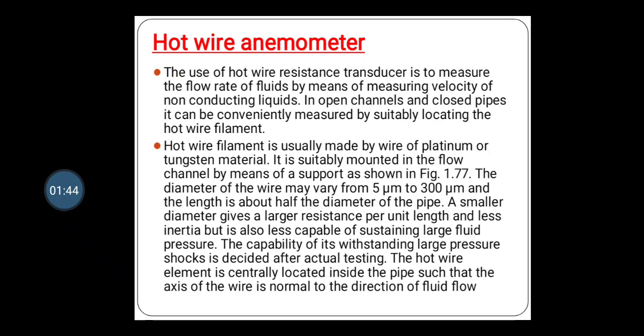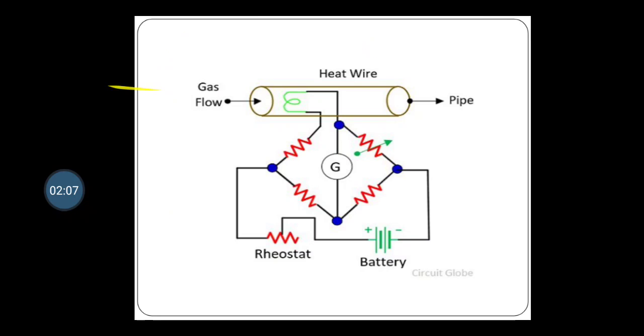In open channels and closed pipes, it can be conveniently measured by suitably locating the hot wire filament. The hot wire filament is usually made of a wire of platinum or tungsten material. It is suitably mounted in the flow channel by means of a support, as shown in this figure.